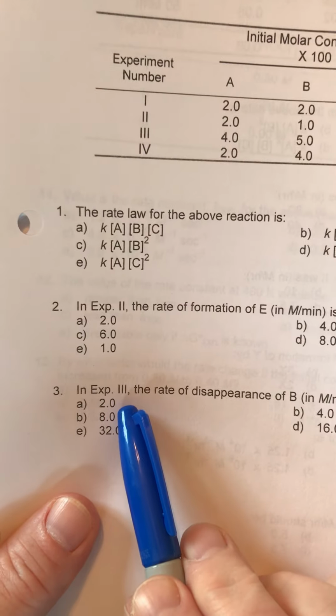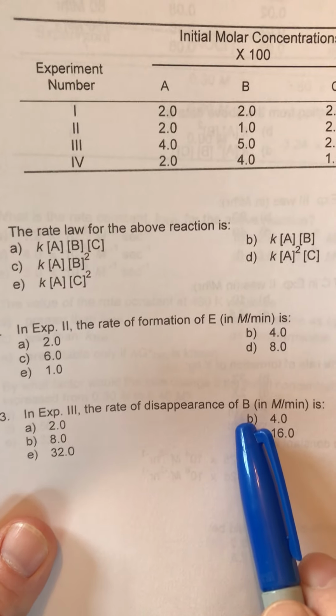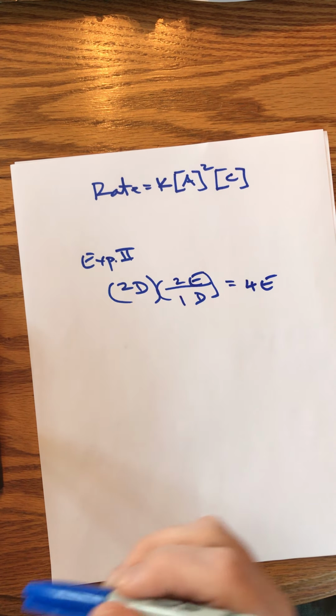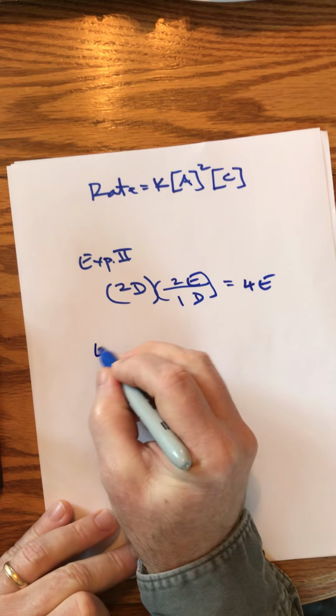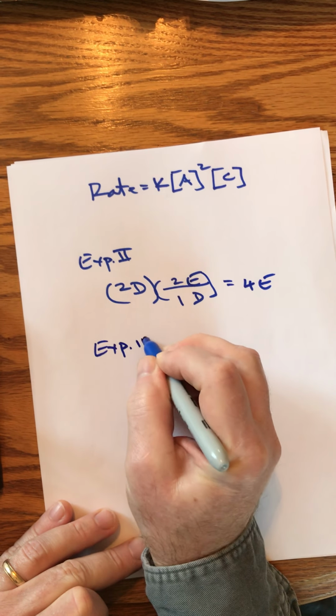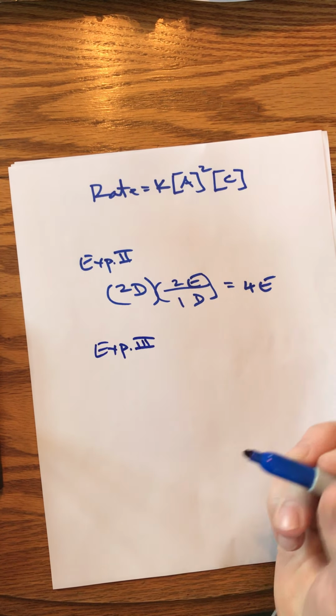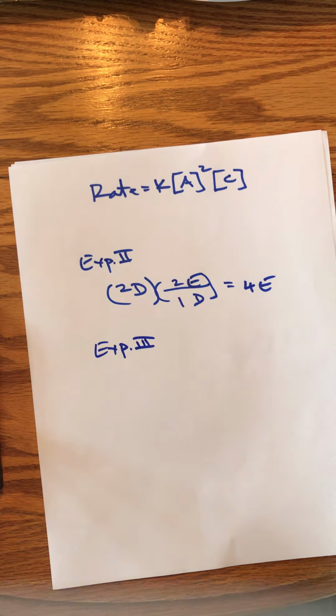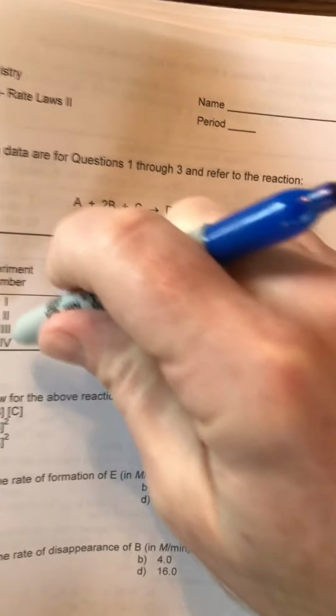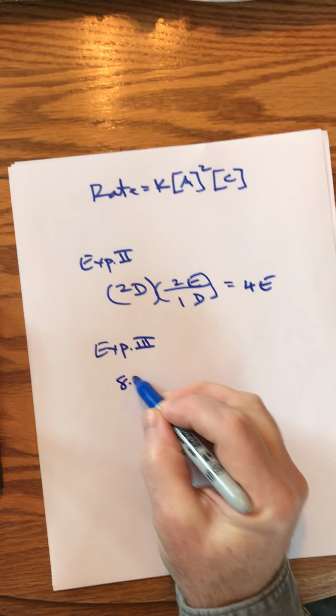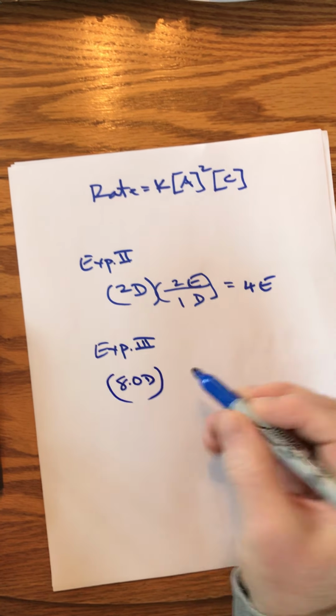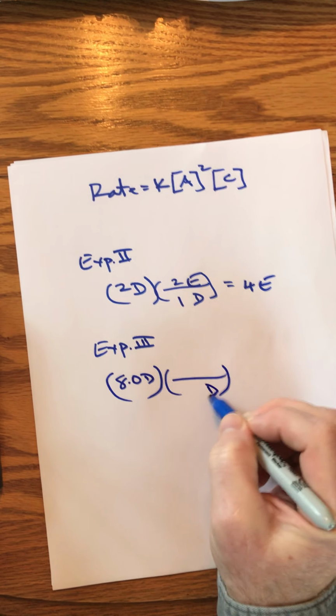Number 3, in experiment 3 this time, they're asking me about B. Go to experiment 3. In experiment 3, they measured D. They said 8 Ds. Well, put D in the bottom.